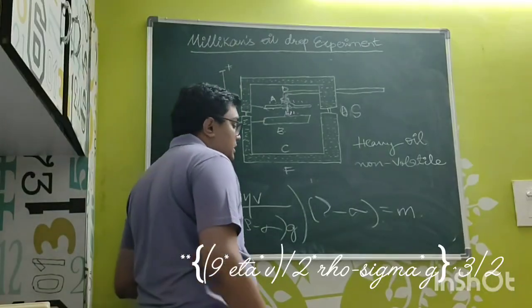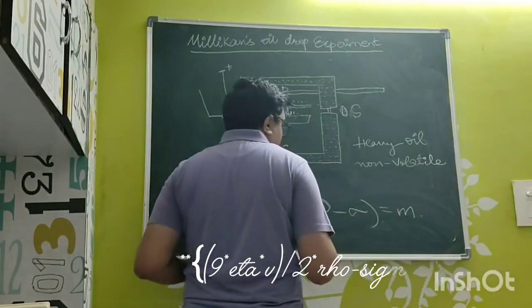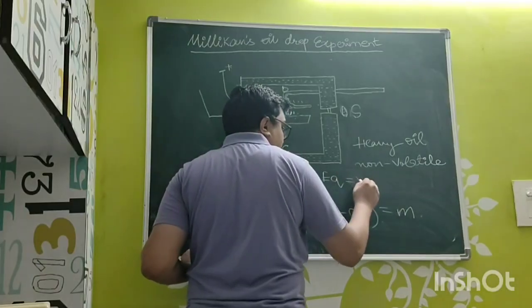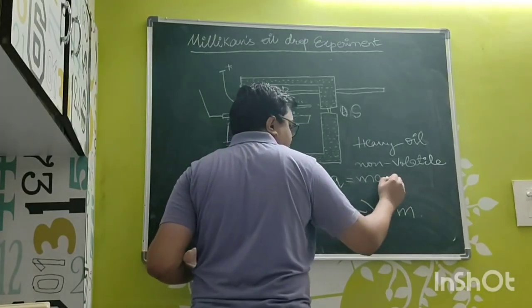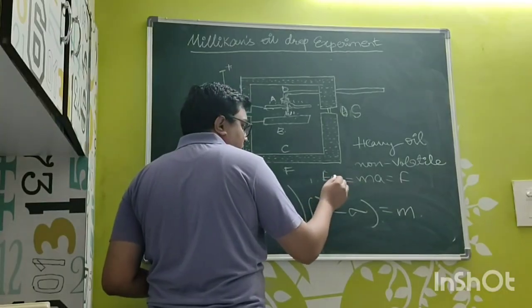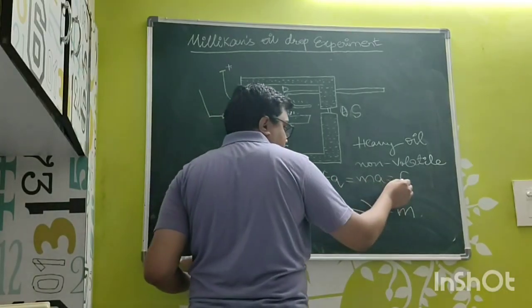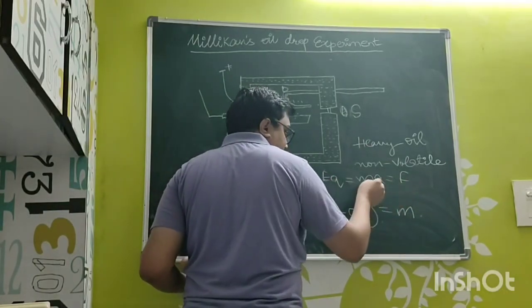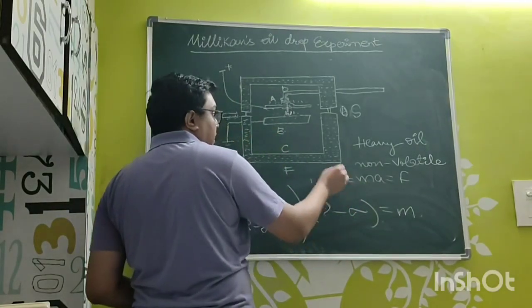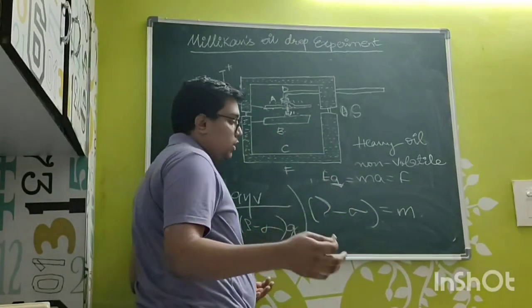Now once we know the effective mass, we know that force equals electric field times charge, and F equals ma. So we need to find q now. The ultimate goal is to find q, the charge of the electron.